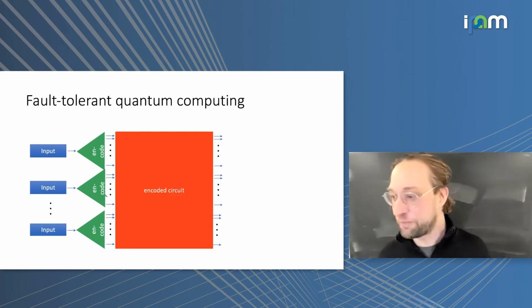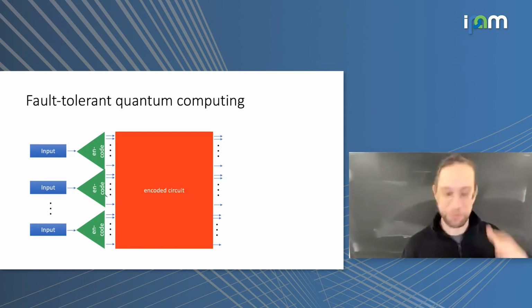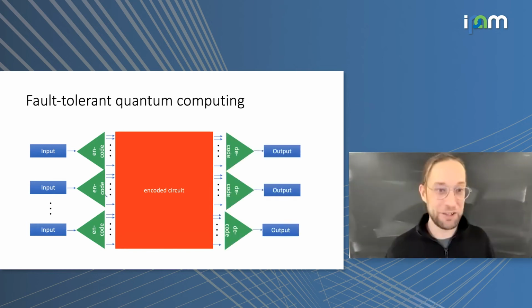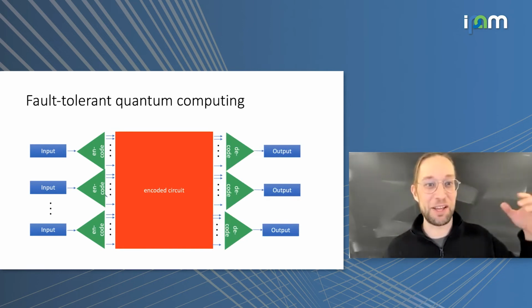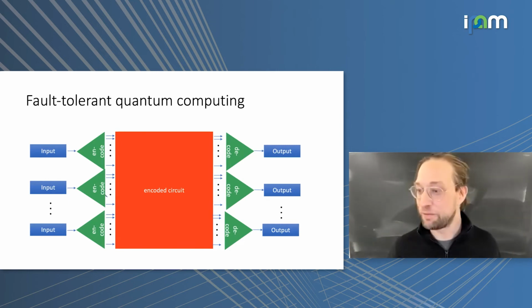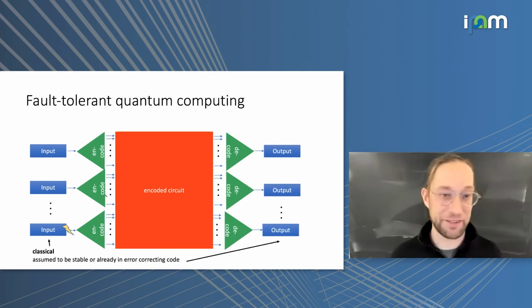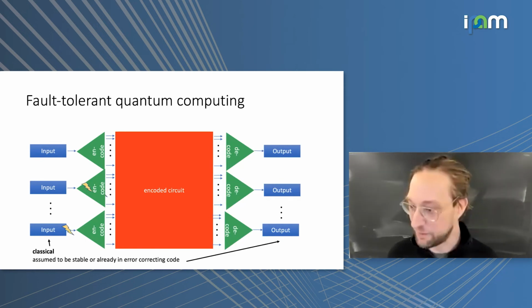Then you encode, then you have this encoded circuit. And then you do your quantum computation, all encoded, and then you decode again. And because the output information is classical and stable, you're all fine. So if errors happen here, they don't matter to you basically because it's stable.